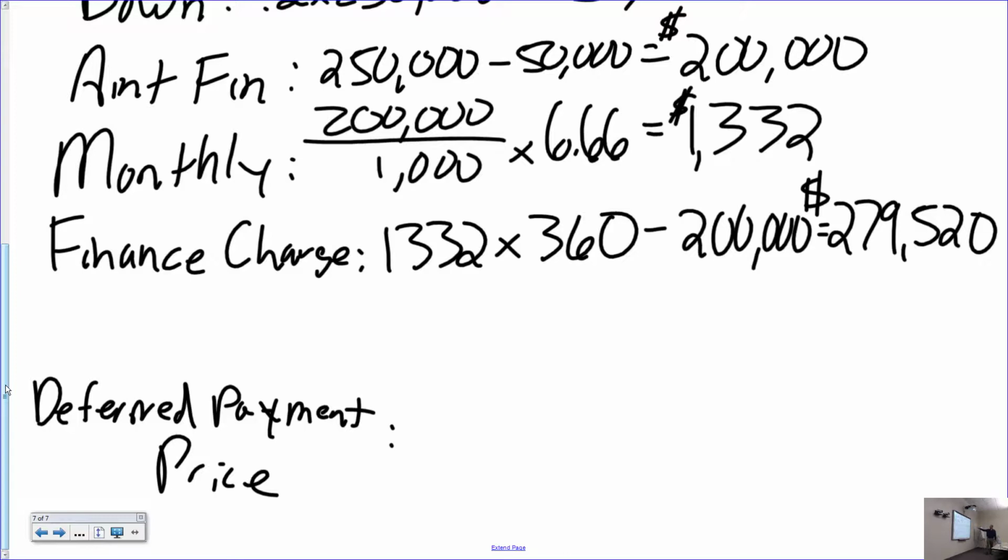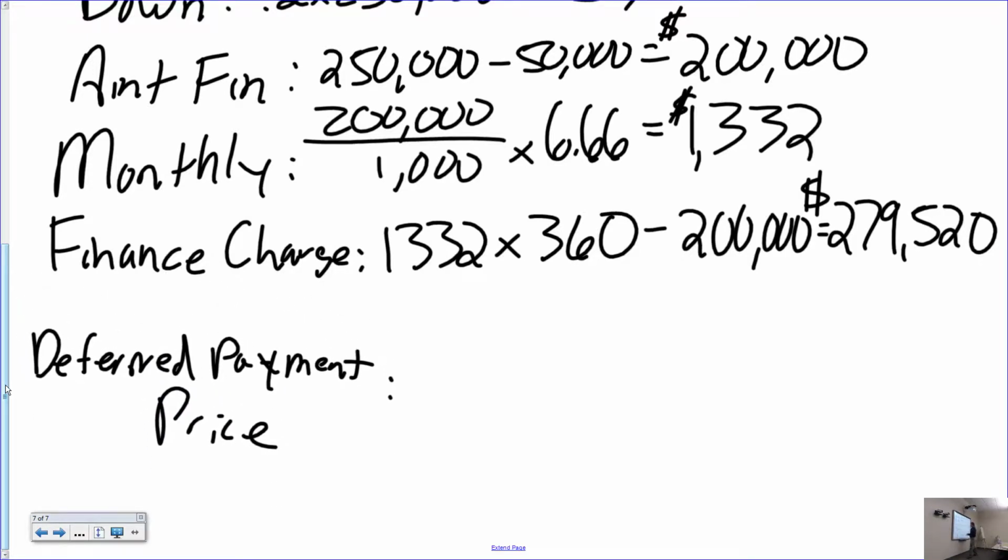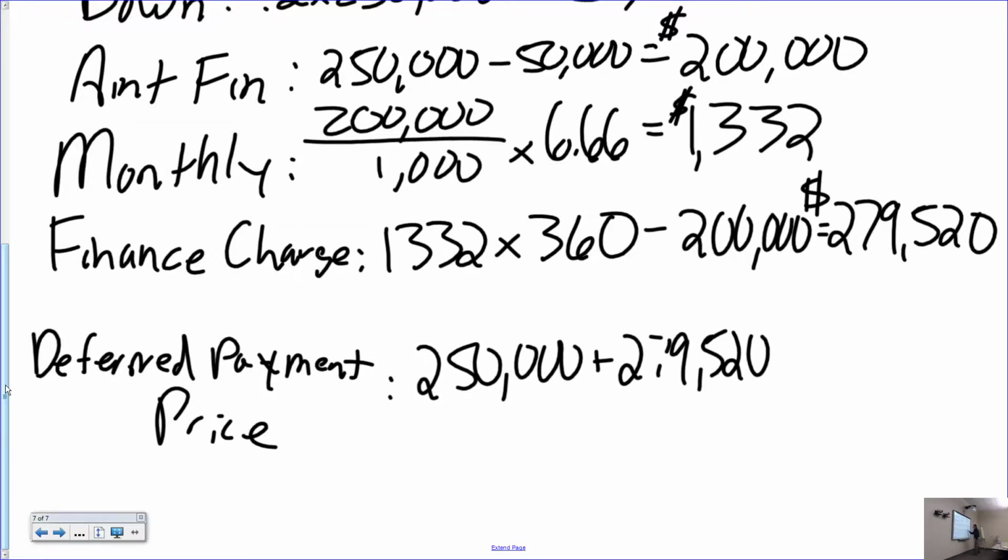All right, so yes, this is how much it costs. So how much am I actually going to pay for my house, folks? What's the deferred payment price? 479,520. Ouch. 250,000 plus 279,520. Oh, wait a minute. No, I'm wrong. 529,520.